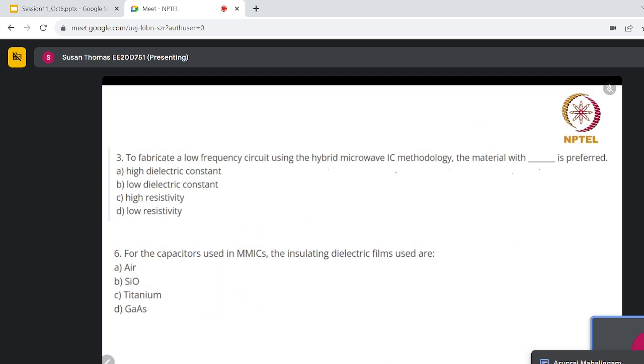For low frequency circuits, please notice, as I mentioned a few minutes back, depending on the frequency range in which we are operating, we choose the semiconductor, or we choose the material. So in case of low frequency circuits, I'm waiting for everyone to give your options.